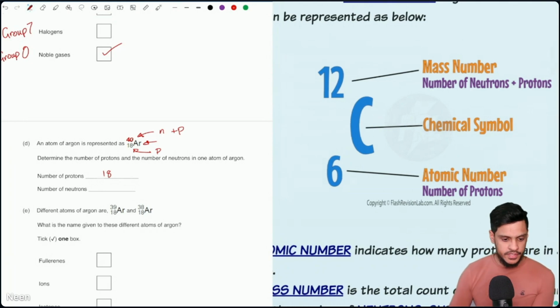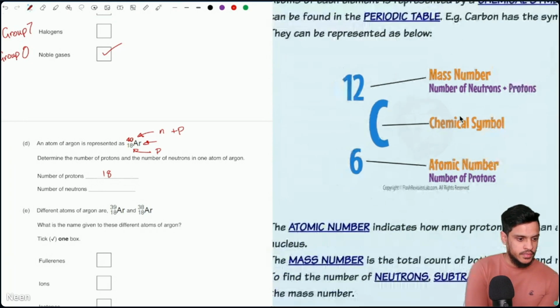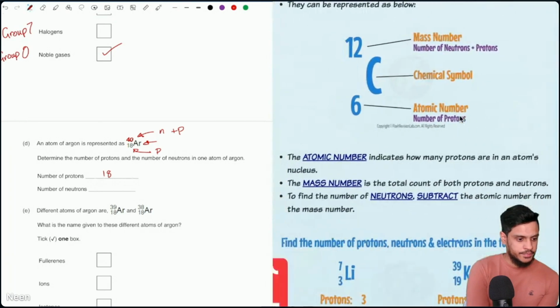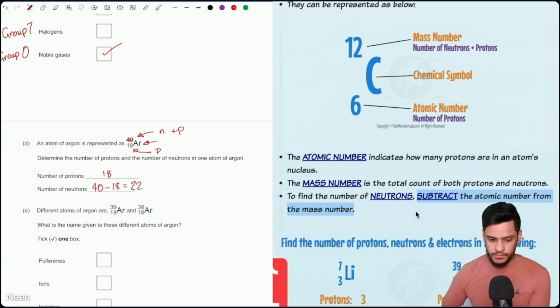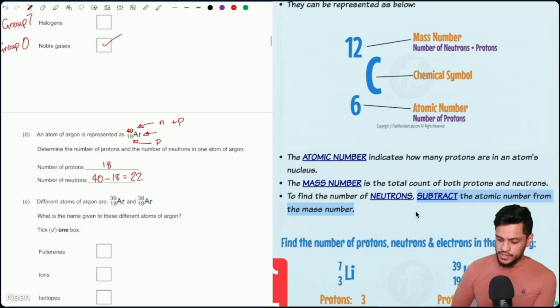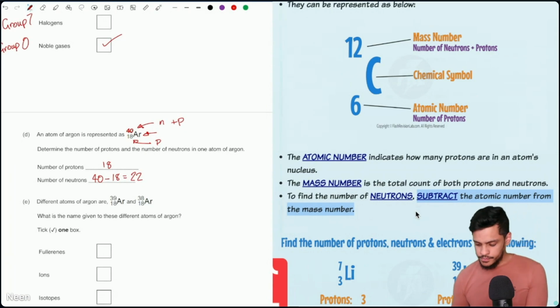We need to get both of these numbers. It says here, to find the number of neutrons, subtract the atomic number from the mass number. So we get the mass number, which is 40, minus 18, which gives 22. So the final answer is 22 for neutrons.